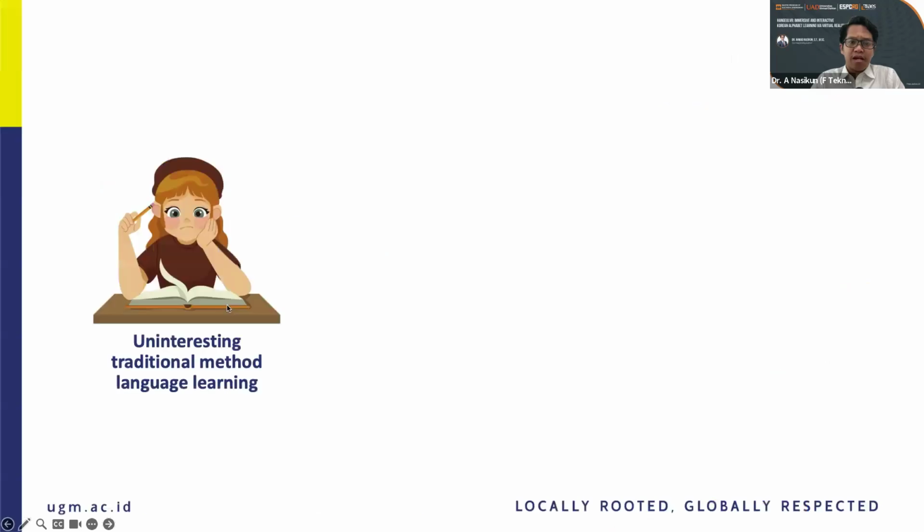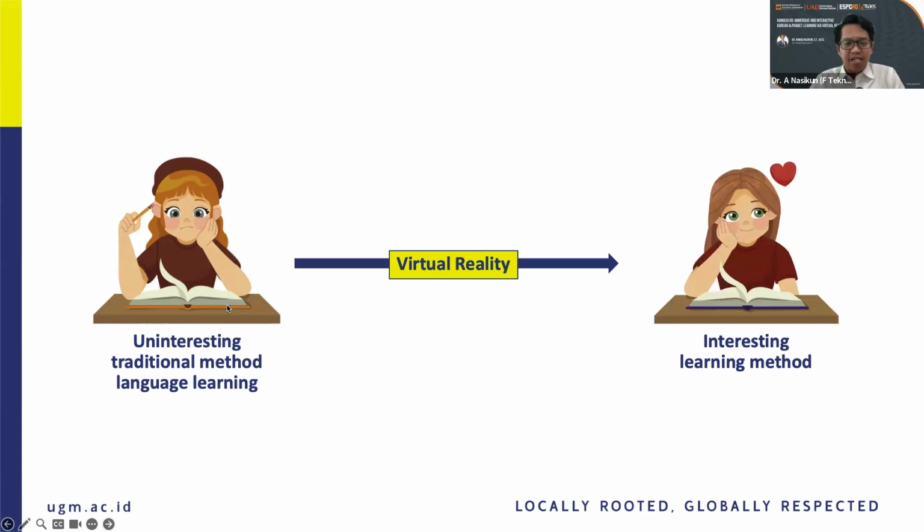The traditional learning methods tend to make students uninterested in learning, particularly if they're learning a language. Therefore, it is very important to find a new method that can help them to learn better. We've learned that virtual reality creates an environment that is very interesting for students to learn.